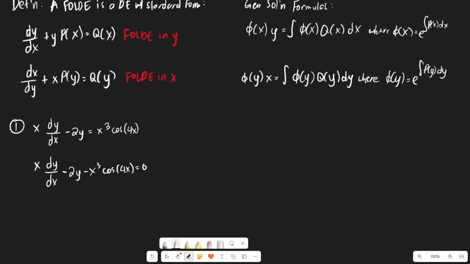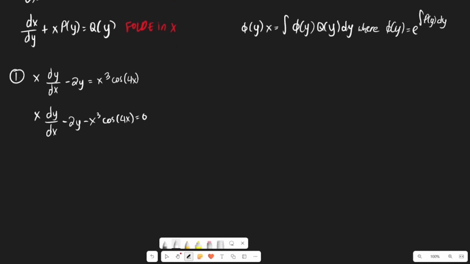Two things are common between these FOLDEs. The first one is that they both have an isolated derivative that is not multiplied by any coefficient or any variable. So that's what we want to do.